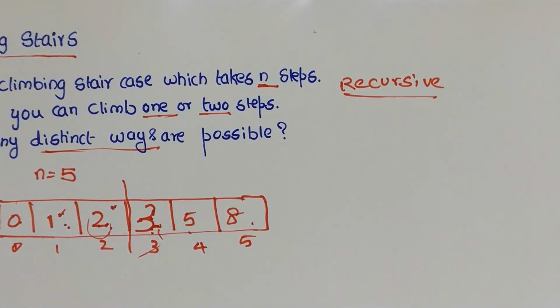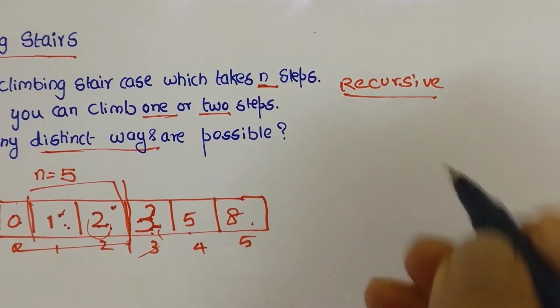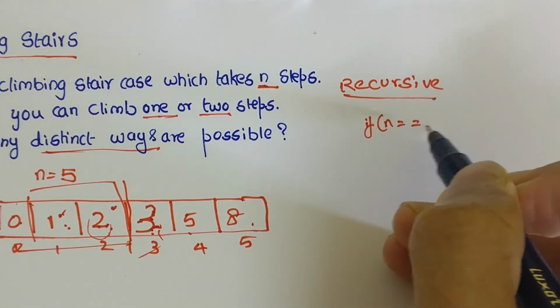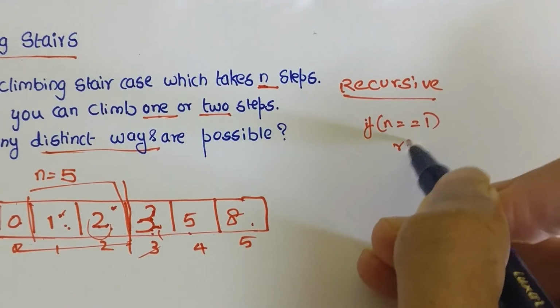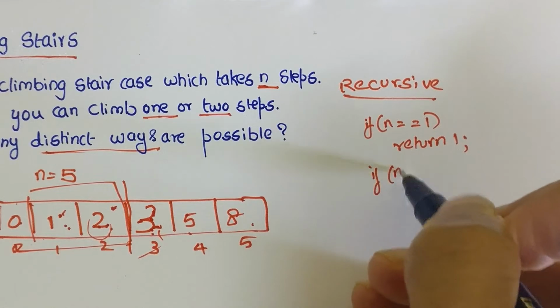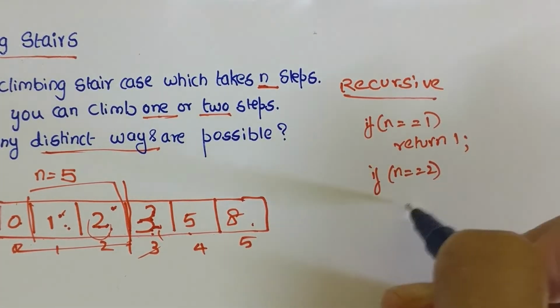I have to write base conditions, so these two things I will write as the base conditions. If n equals 1, I'll return 1, and if n equals 2, I would return 2.